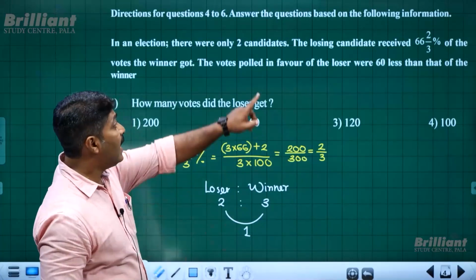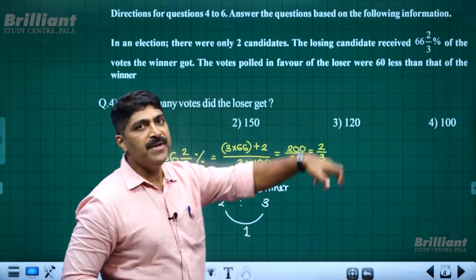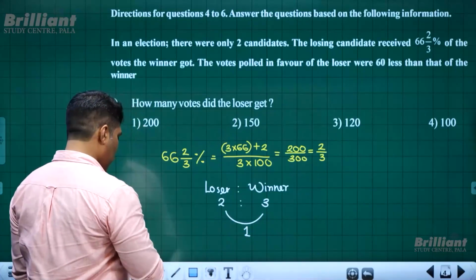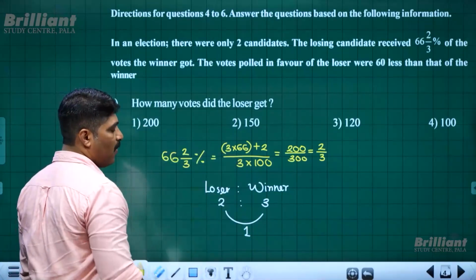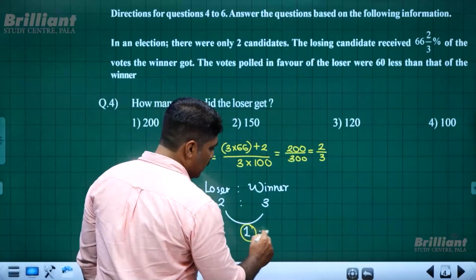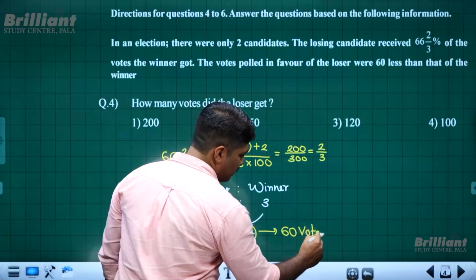It is given that the loser received 60 less than the winner. So this 1 is the difference between their votes, and this 1 is representing 60 votes.